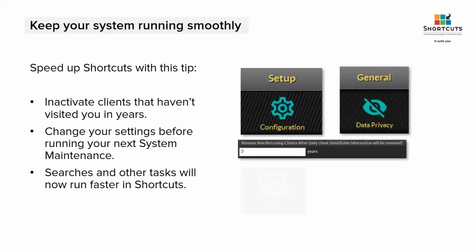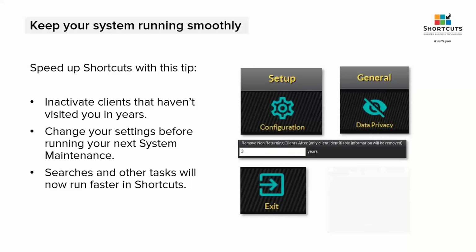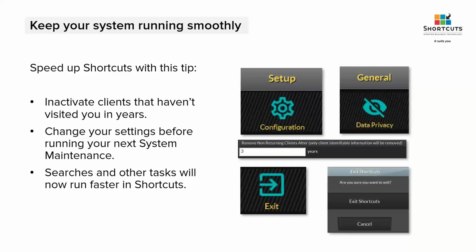So there's a number of things that you can do that can also help keep the system running smoothly. So in addition to merging clients, you might want to make clients that haven't visited you in a number of years, make them inactive. And to do that, you have to go to your system settings.